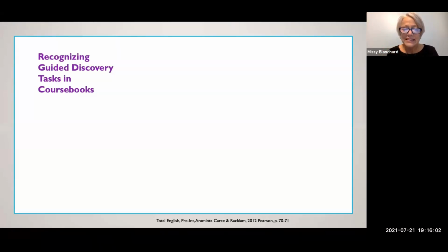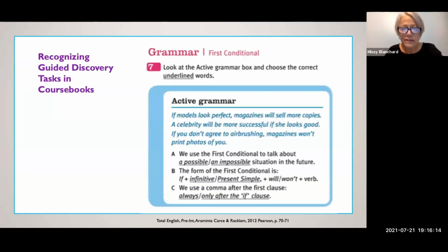So they have a tendency to just take that information, put it on the board, and go right back to kind of the teacher-centered clarification and possible sleeping Lucy's in the classroom. So this box looks kind of like just a bunch of grammar rules, but if you look more closely, you can see that the blue sentences, those are 3 example sentences.